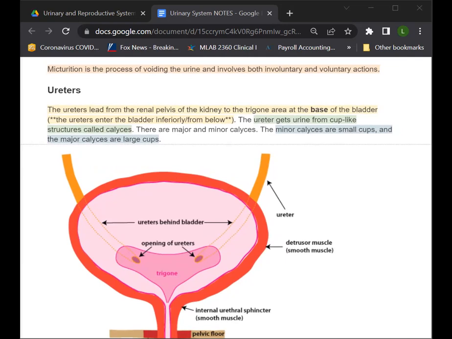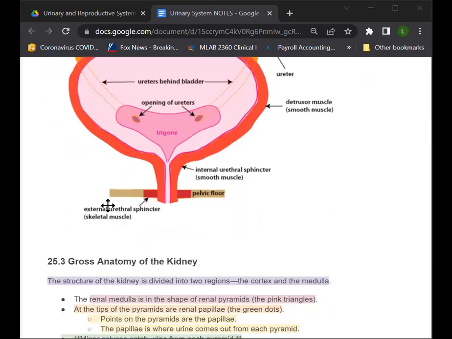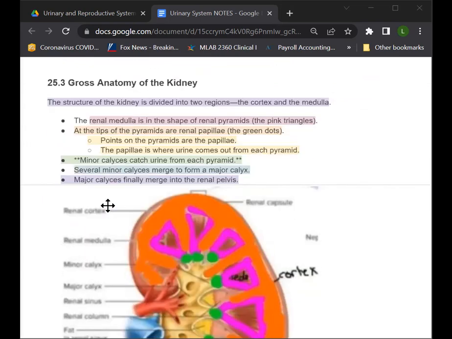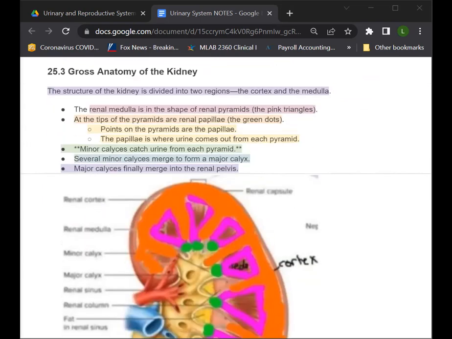Minor calyces are like small cups, and major calyces are large cups. Okay, we'll be able to see the calyces better after we look at the anatomy of the kidney.